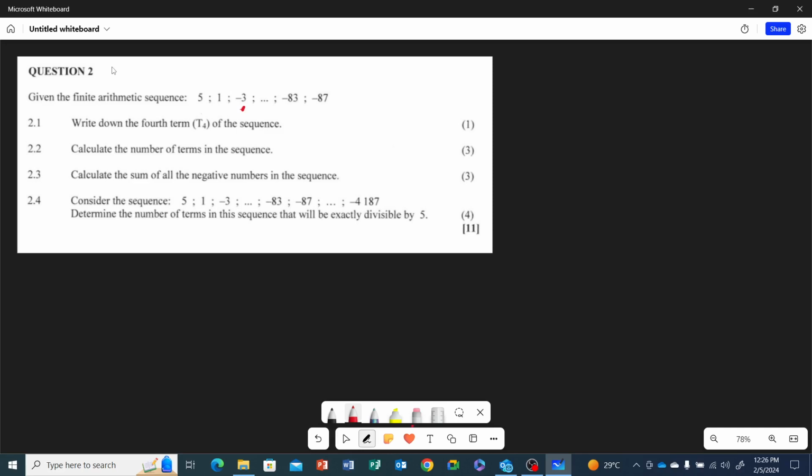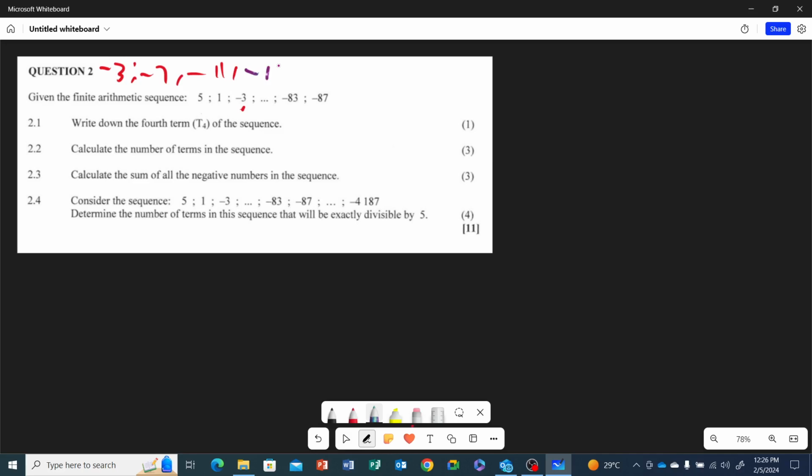We have minus 3, and then you add minus 4, it's minus 7. Add minus 4, it's minus 11. Minus 4, then this one, it's divisible by 5. So it's minus 15.